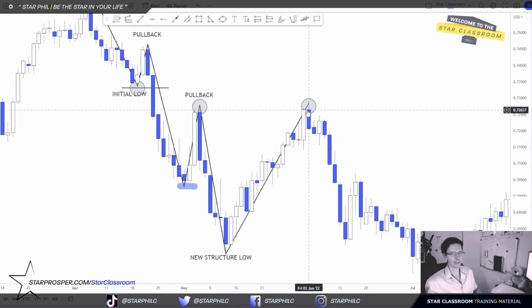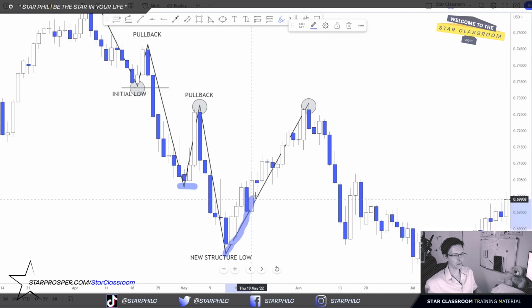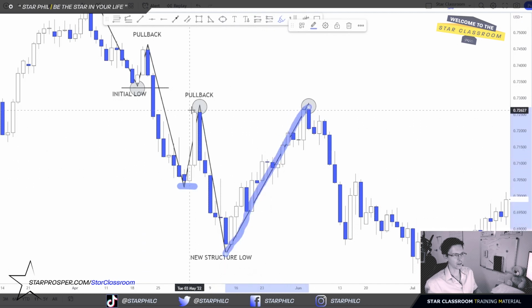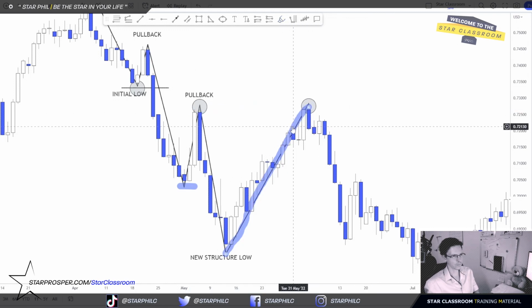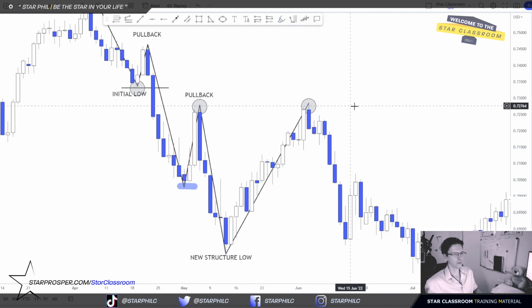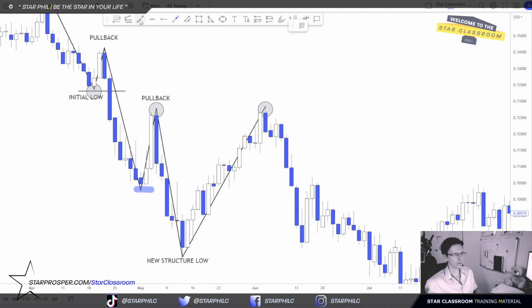It does not. But we get a retest of that high, don't we? Price action moves up like this, and then we get a retest of that high. So now that we get a retest of that high, we follow the market.